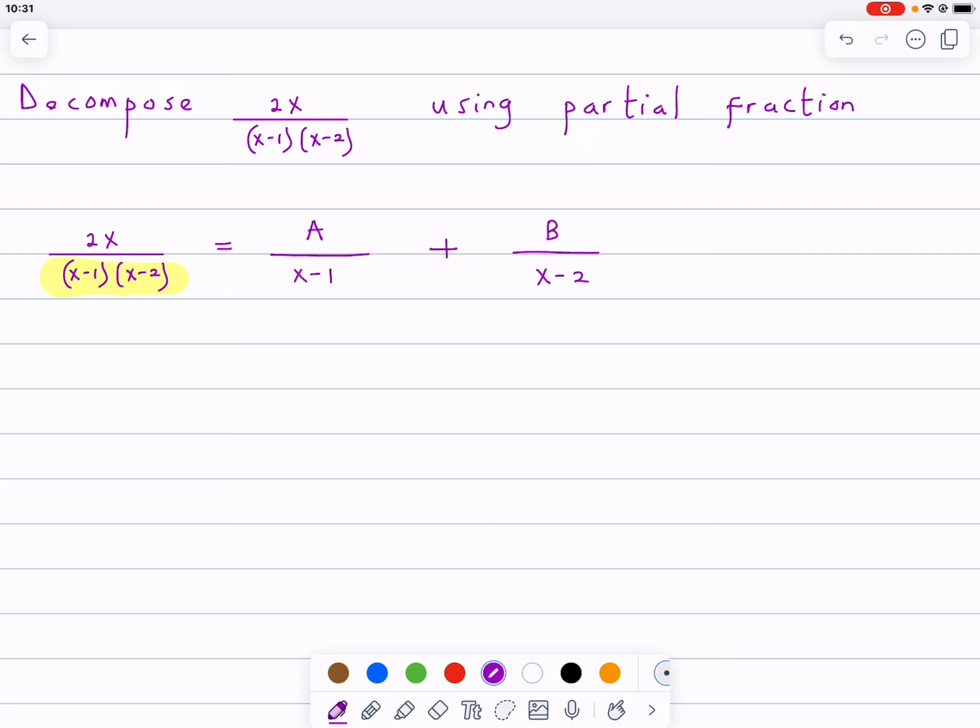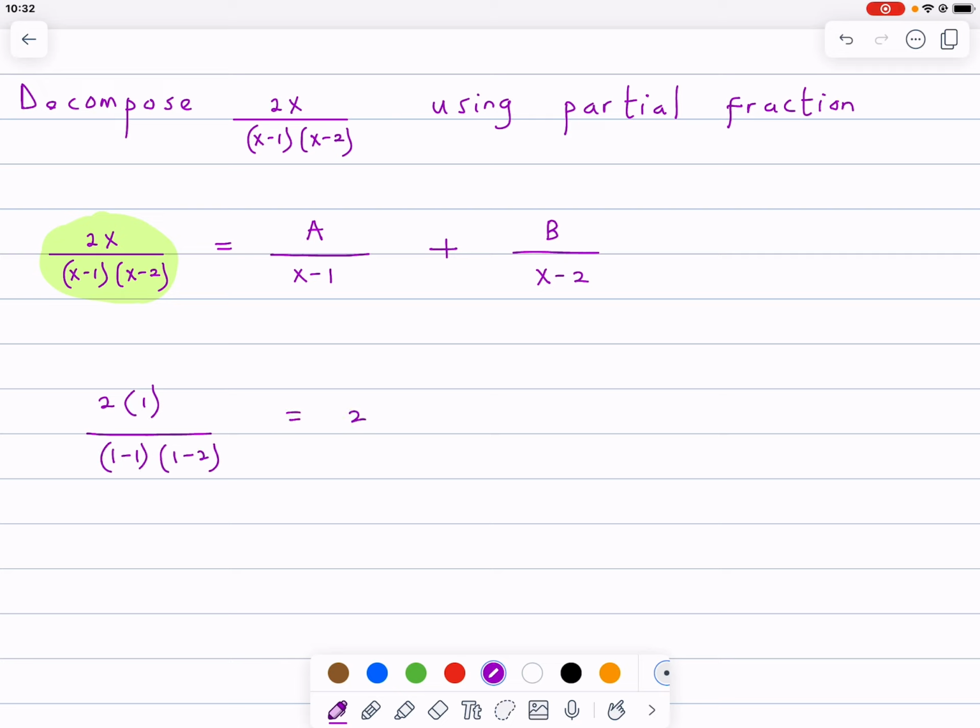Okay, so I'm going to erase this. Observe that this whole expression here is not defined when x is equal to 1 and when x is equal to 2. What do I mean? If I plug in x equals 1 in this expression, I have 2 times 1 over 1 minus 1 times 1 minus 2.